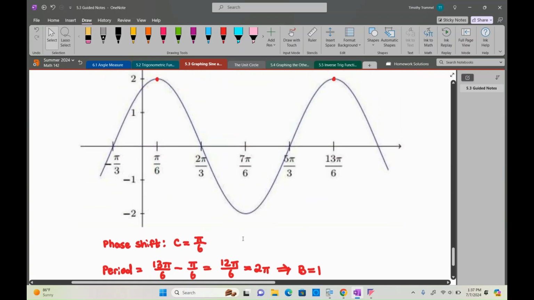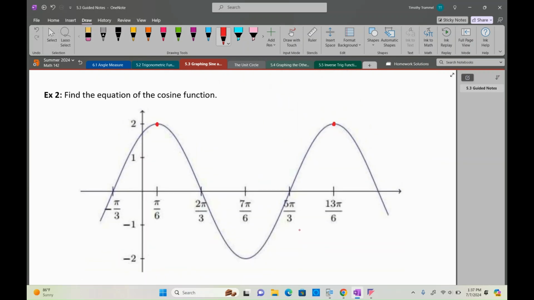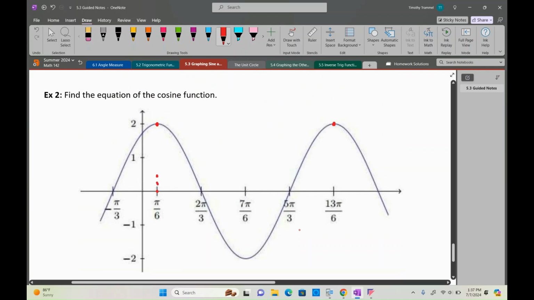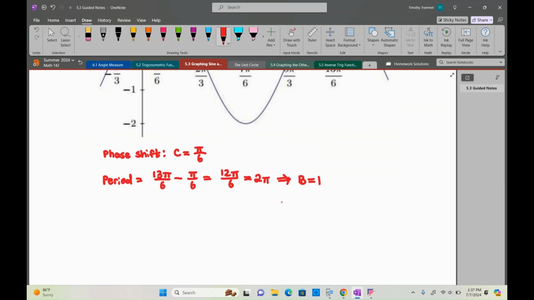Okay. So next, we could take a look at what's the amplitude? And you can see from the middle of the wave to the top here, we have 2 units. Okay. So our amplitude is 2.